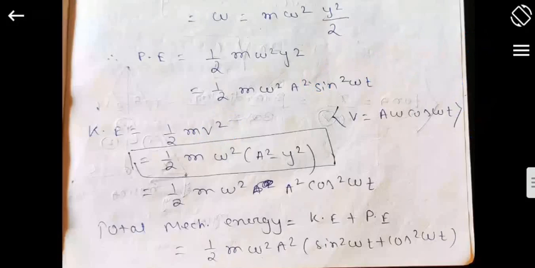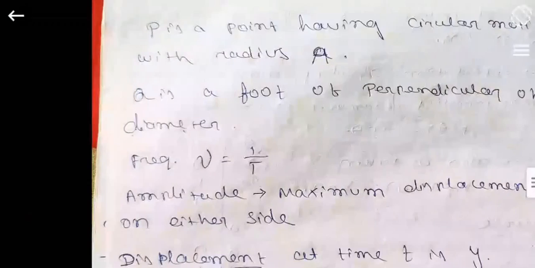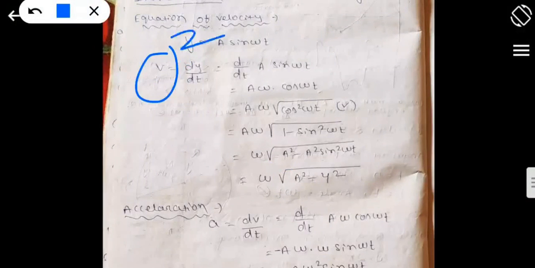You can see here, v is omega into root over a square minus y square. If I take v square, then omega square, and this root is going to be cancelled. It will simply be a square minus y square, right?